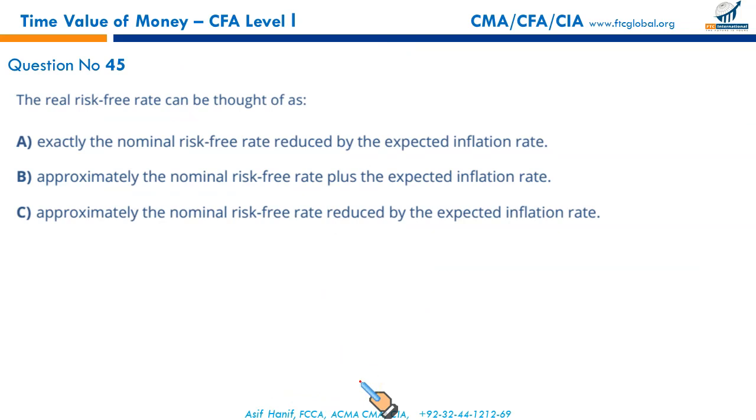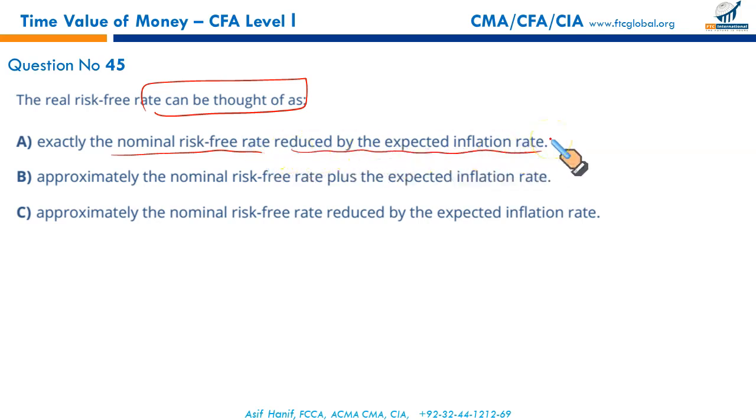Next, the real risk-free rate can be thought of exactly as the nominal rate reduced by the expected inflation. First of all, I'm sure you would have got the basic idea from your preliminary readings.